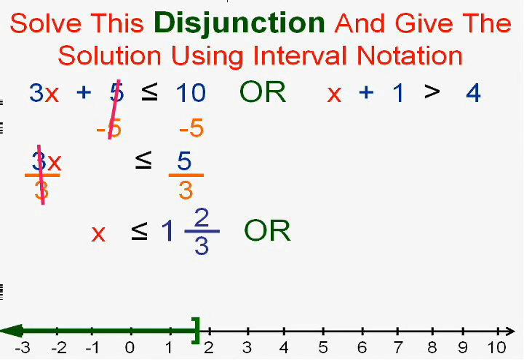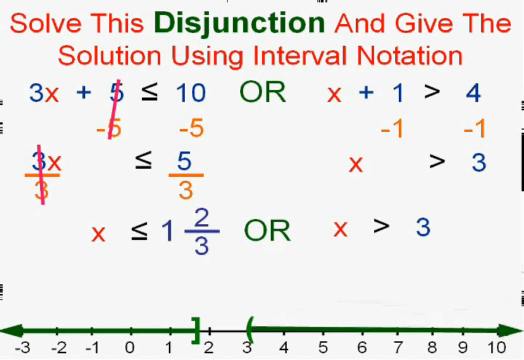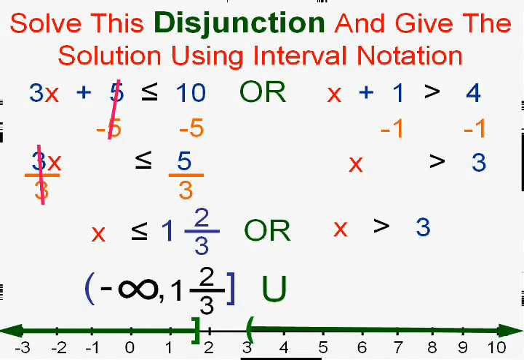Now this is a disjunction, so it's an or. So I'll solve the other problem separately. Subtract 1 from both sides. And how do I graph x is greater than 3? That's going to be a rounded endpoint there. And we need to use union man, okay?